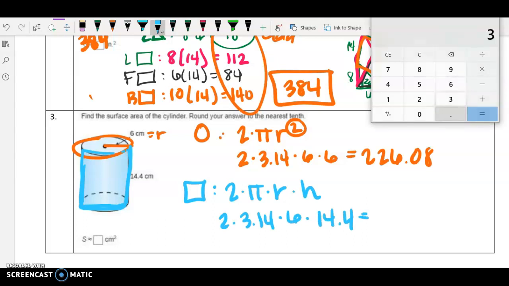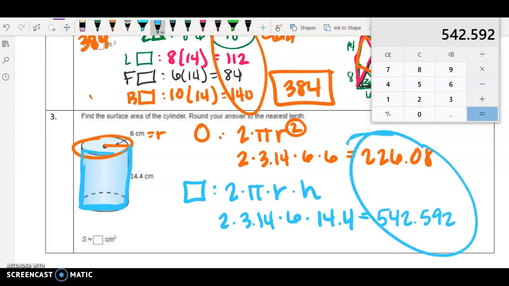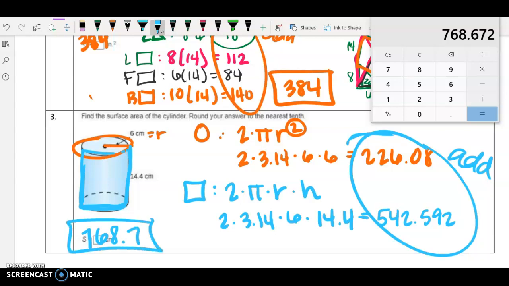So 2 times 3.14 times 6 times 14.4, we get 542.592. And we add these two numbers together, plus 226.08. So we get 768, and it says round to the nearest tenth. So this 7 makes that 6 go up by 1, so 0.7.